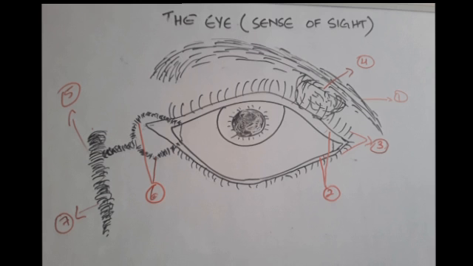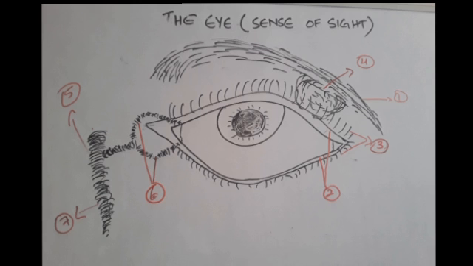Each eyeball can be rotated. I think you have noticed, no? Rotated with the help of sets of muscles. That we are going to study later, in the internal structure of the eye. Now here I'm just explaining the external features of the eye.